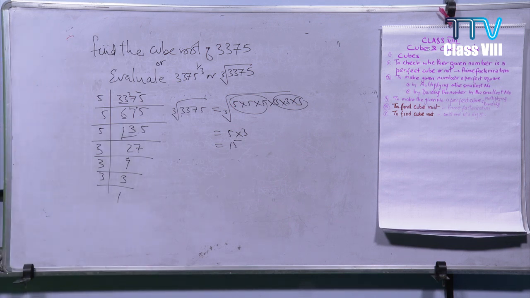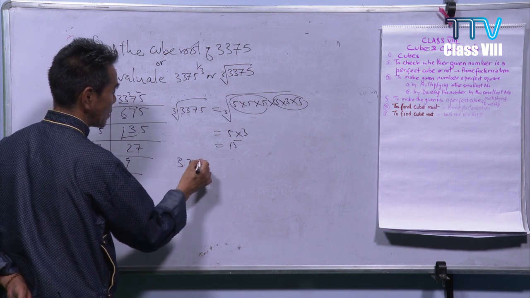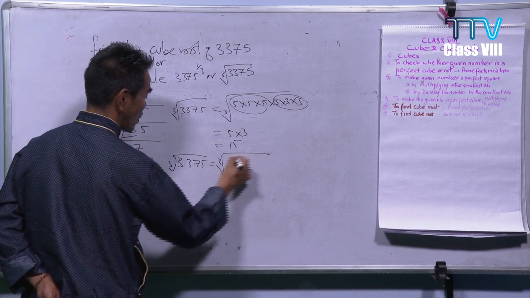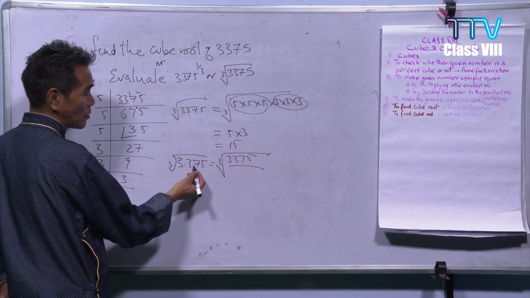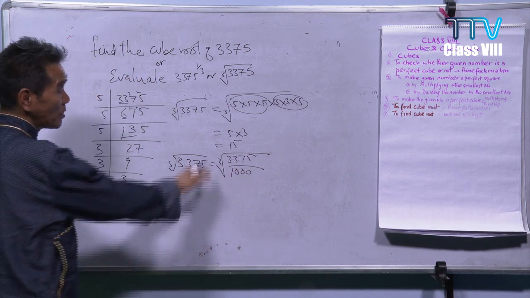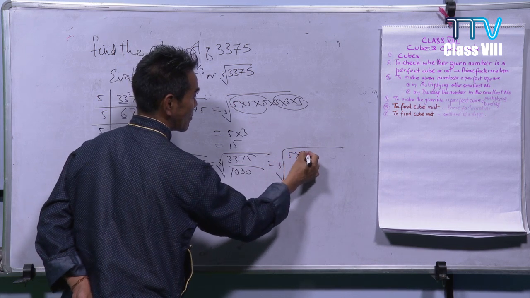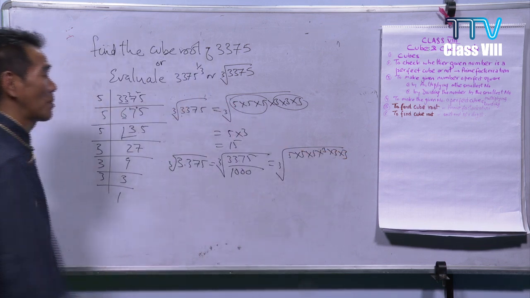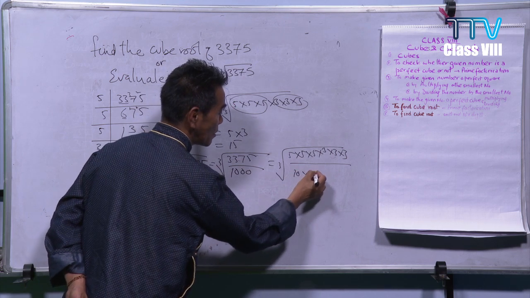Now the question with the decimal point: find the cube root of 3.375. This is the cube root of 3375 over 1000, since the decimal point has three places. The numerator's prime factors are 5, 5, 5, 3, 3, 3, and the denominator is 1000, which is 10 multiplied by 10 multiplied by 10.